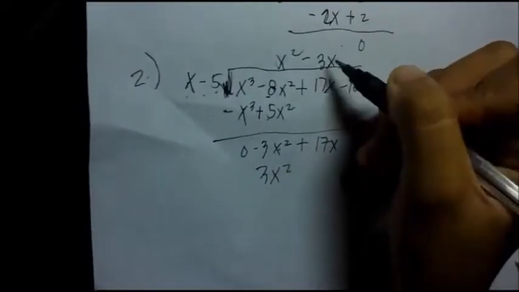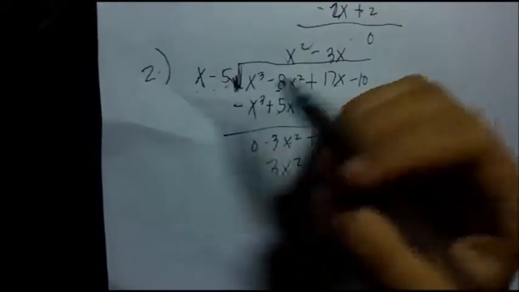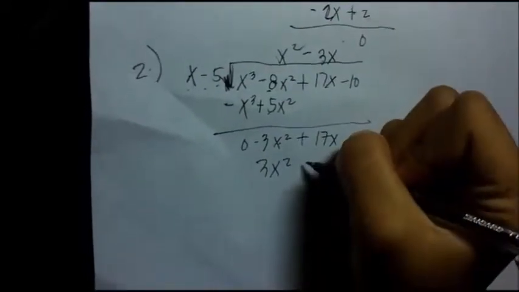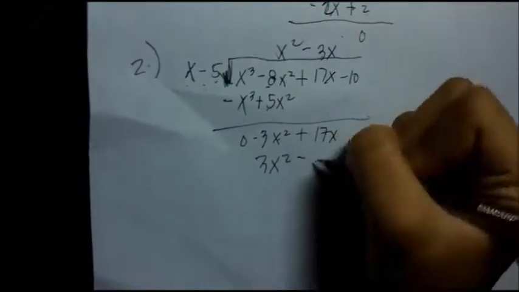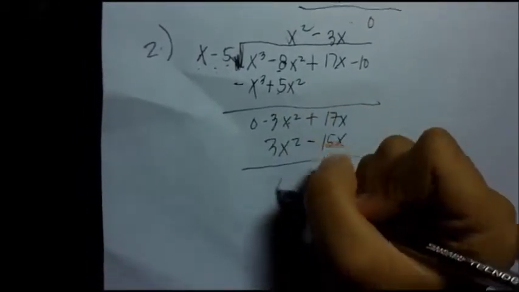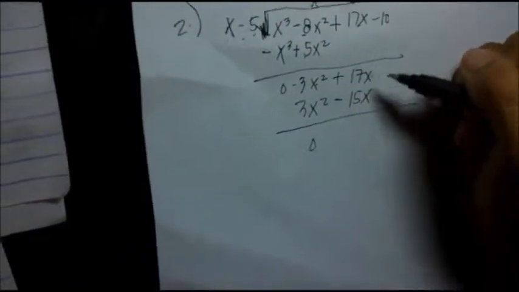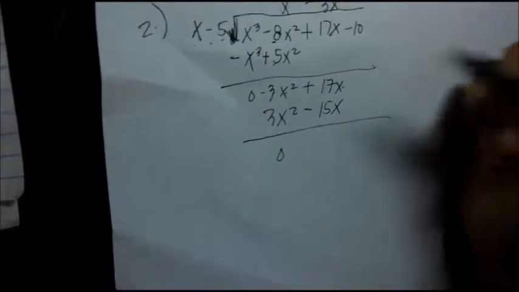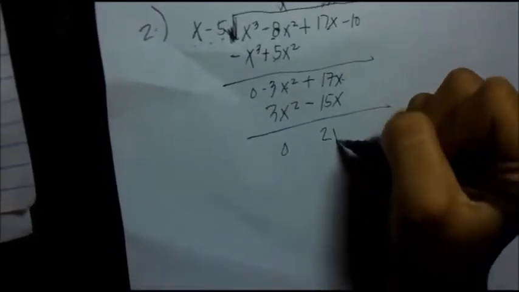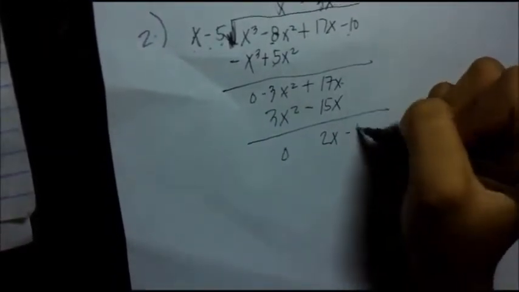Then, 3x squared times negative 5 is negative 15x. So, 0. Then, 17x plus negative 15x is 2x.